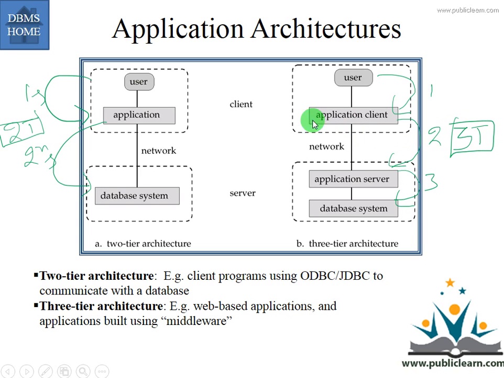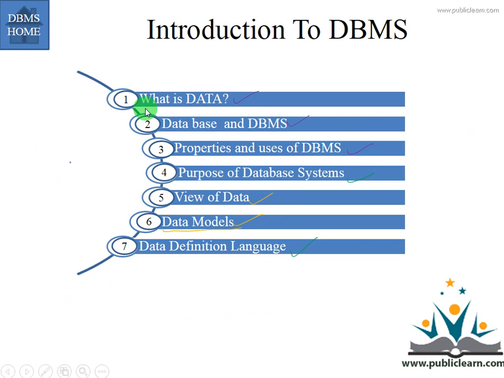Okay, and by this we can finish the basics of DBMS, so that we get to know what the basics of a database management system are. We'll go through one by one. Move to the main menu. Data.